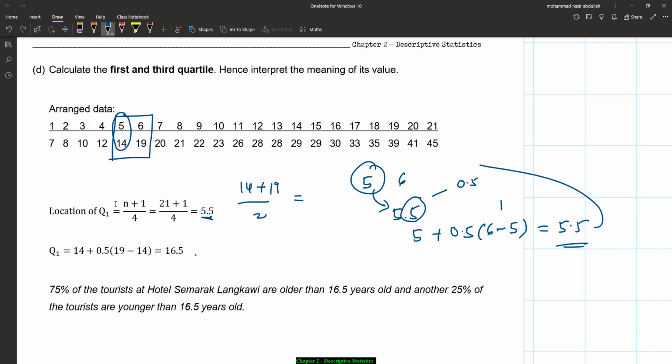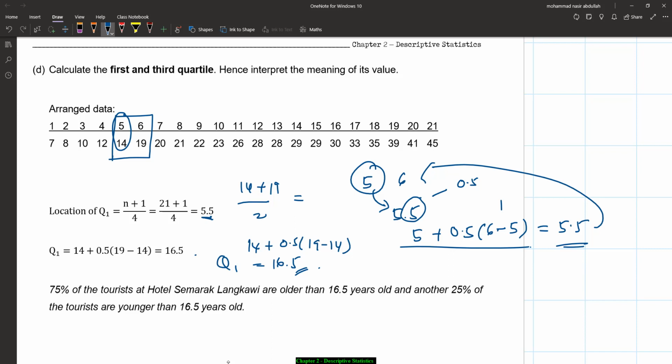So benda yang sama. This is the concept lah, how to find the value of quartile when you have a decimal point. So we apply this concept to the real number. So 14 plus 0.5 times 19 minus 14 should be equal to 16.5. So this is a value of quartile 1.